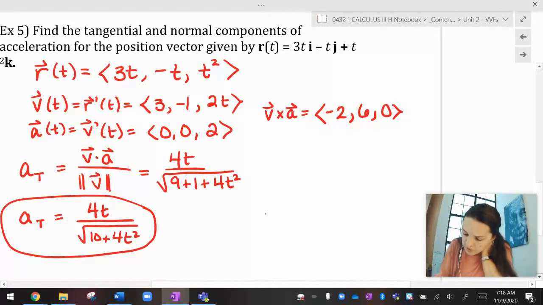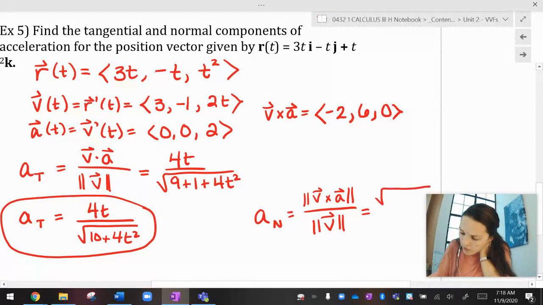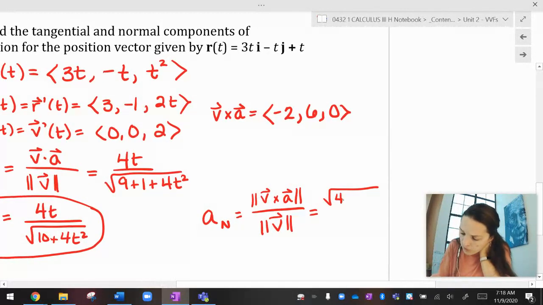Okay, so then my normal component of acceleration is the magnitude of v cross a divided by the magnitude of v, which is going to be the square root of 4 plus 36, divided by the magnitude of v, which is the square root of 10 plus 4t squared.